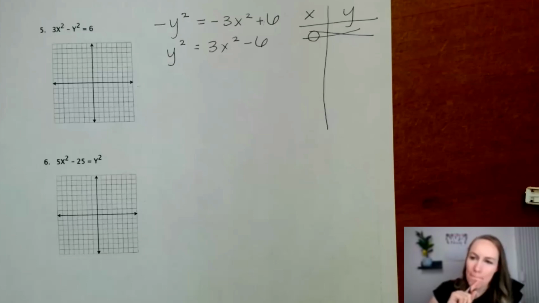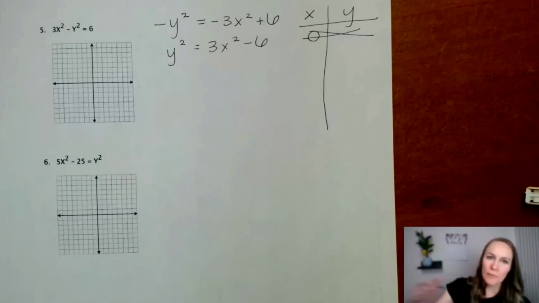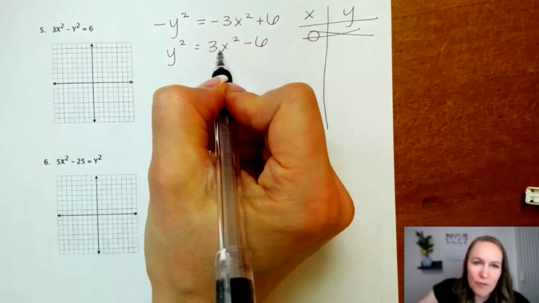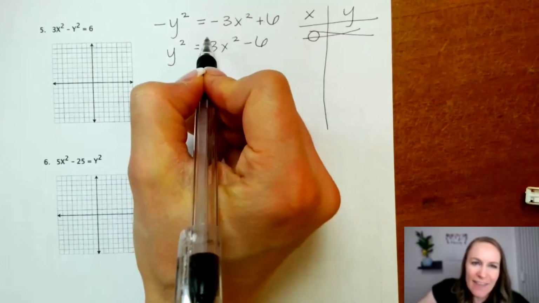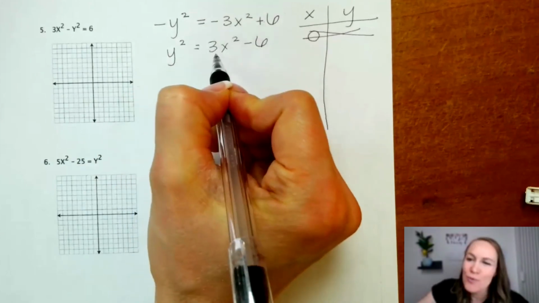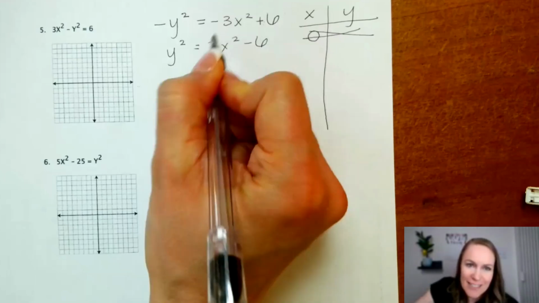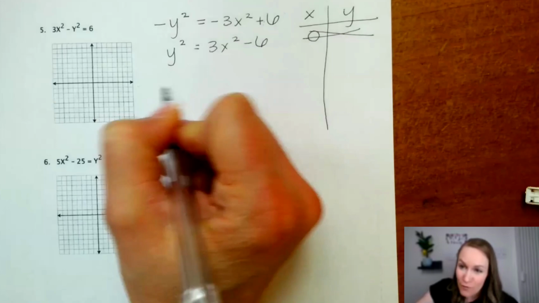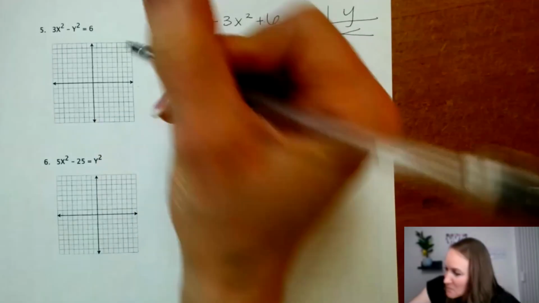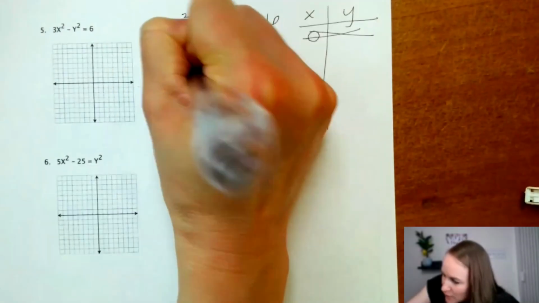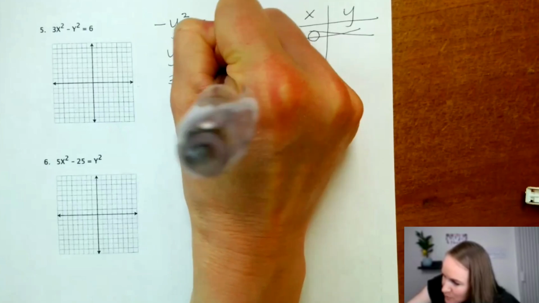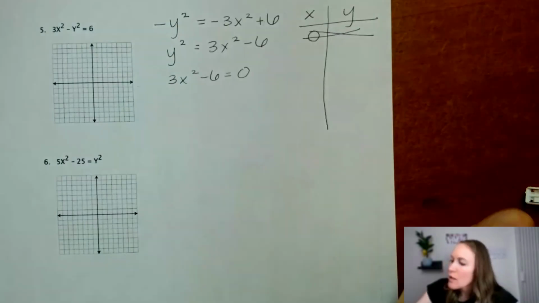So, hmm, what would I need to input for x to get this entire thing equal to 0? So I'm just going to take this and I'm going to solve for 0 just to see what that would be. So 3x squared minus 6 equals 0. Okay, let's see.